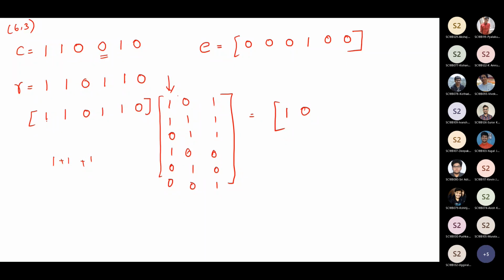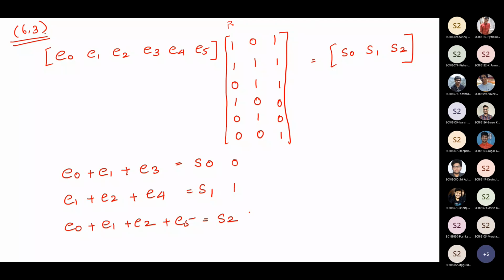See, if I make any mistake, please tell me. So this is the syndrome vector you will be getting. From the syndrome vector itself, we can conclude that it is not all 0, so some error has occurred. Based on these equations, this value is equal to 1, rest will be 0.